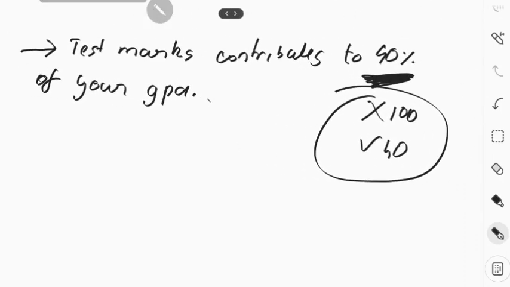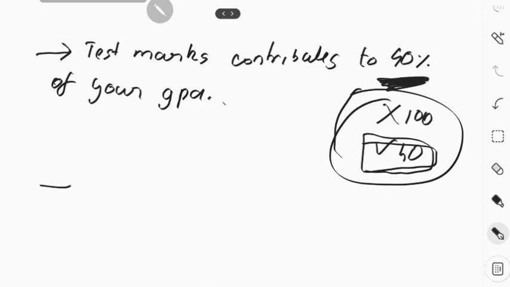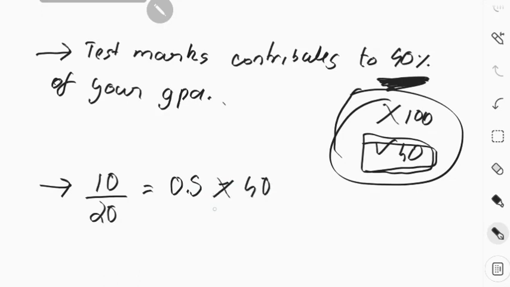You're understanding, right? The fact that we had 100 meant that we wanted to scale our achievement out of 100. Now we want to scale our achievement by 40. So you're going to write 10 over 20, which is again 0.5 into 40. Simple, right? So 0.5 into 40 is basically 20.